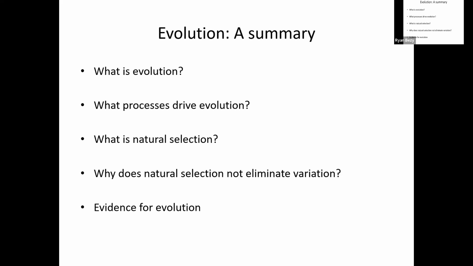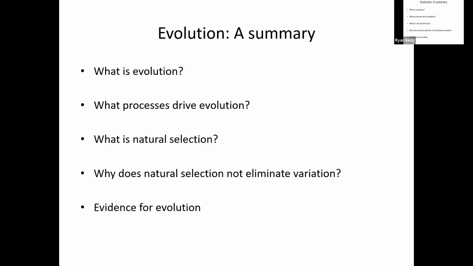And then we'll talk very quickly through a number of different types of evidence for evolution. Evolution has held up in thousands and thousands of experiments that have been done. There's a very broad range of evidence that supports evolution as well.